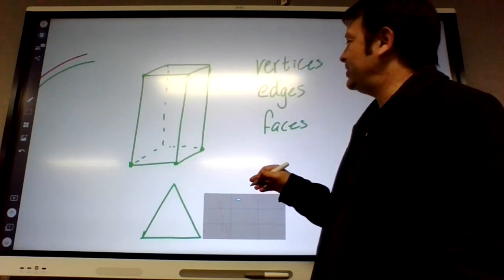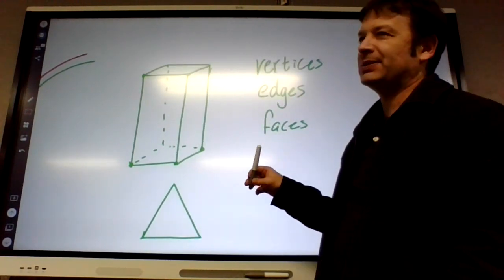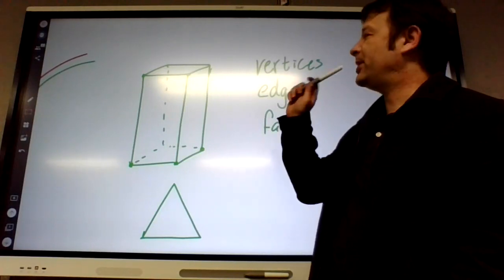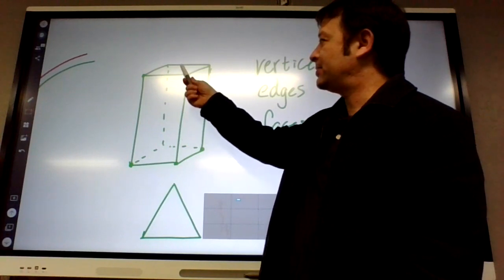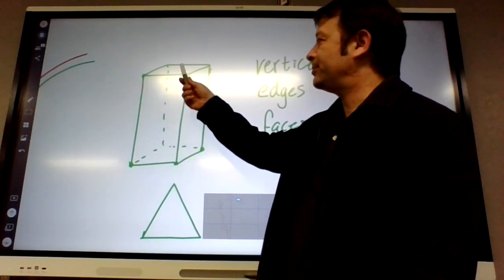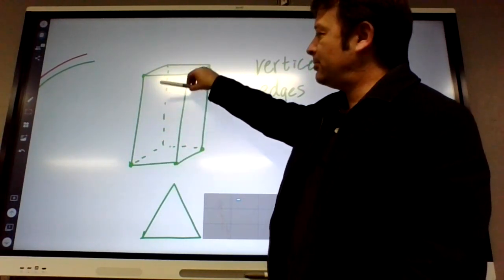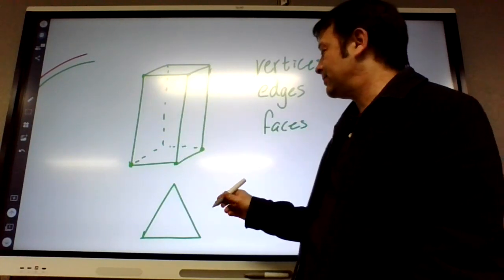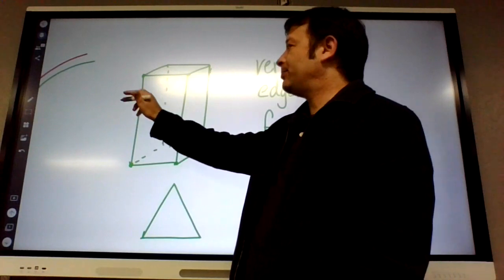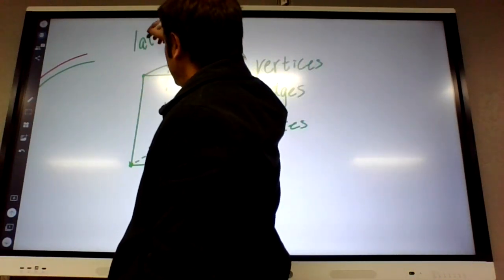By the way, the top and the bottom are identical, and they call them the bases. The faces that are going up and down they call the lateral faces. That's an important word for later.